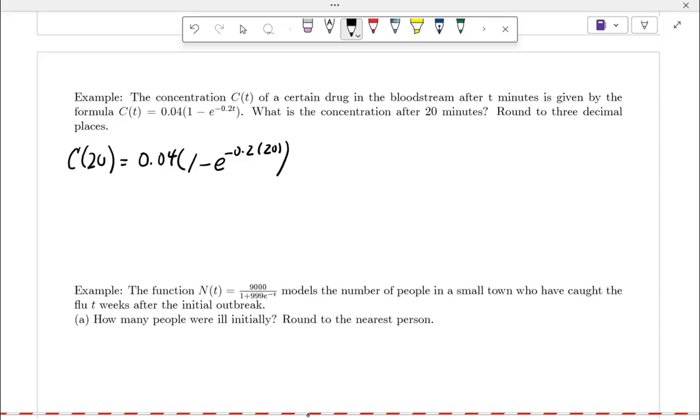Put that in your calculator. And what do you get? So 0.039.